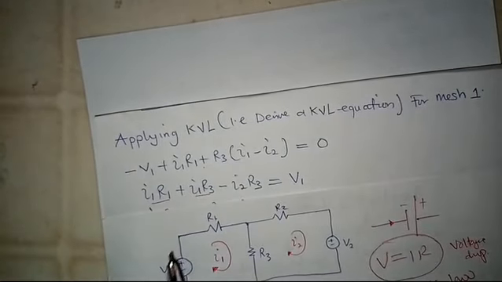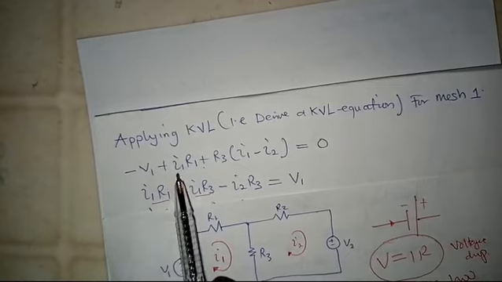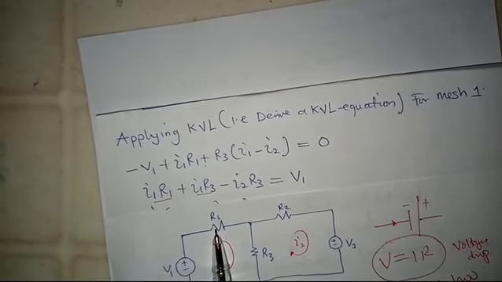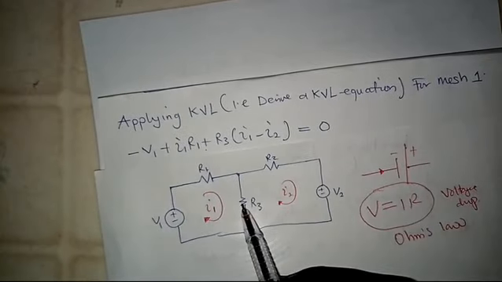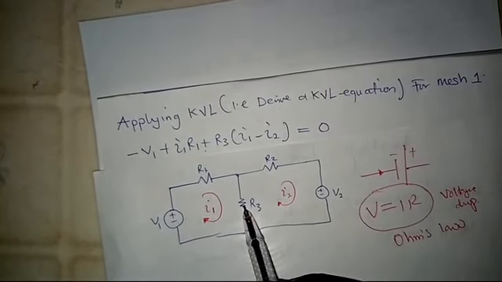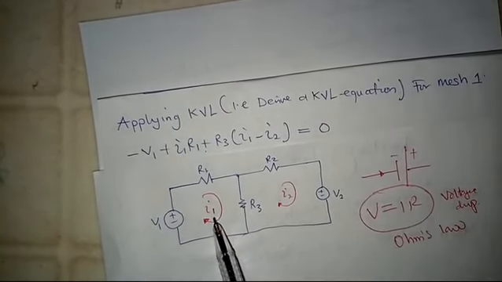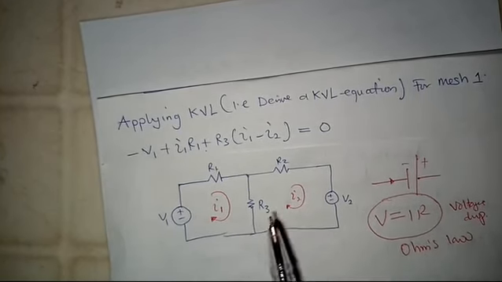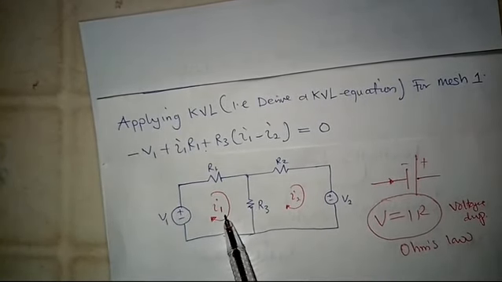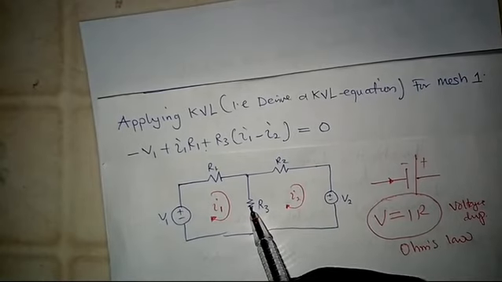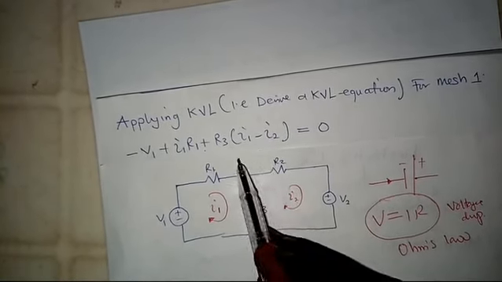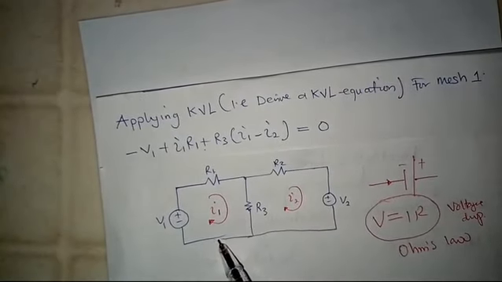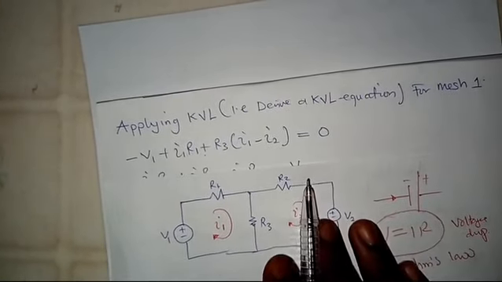So now the voltage drop at this point is given as I1 R1, while for the voltage drop at this point, remember that this R3 is lying between mesh 1 and mesh 2. Because you're considering mesh 1, you're going to have I3 outside, open bracket, I1 minus I2. We don't have any component here, and it equals 0.